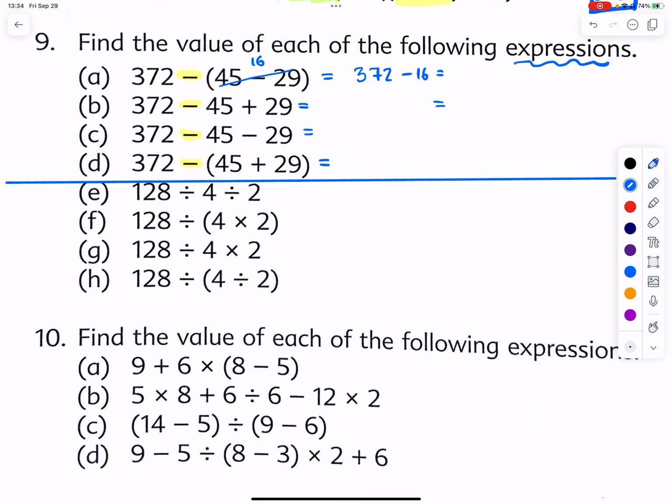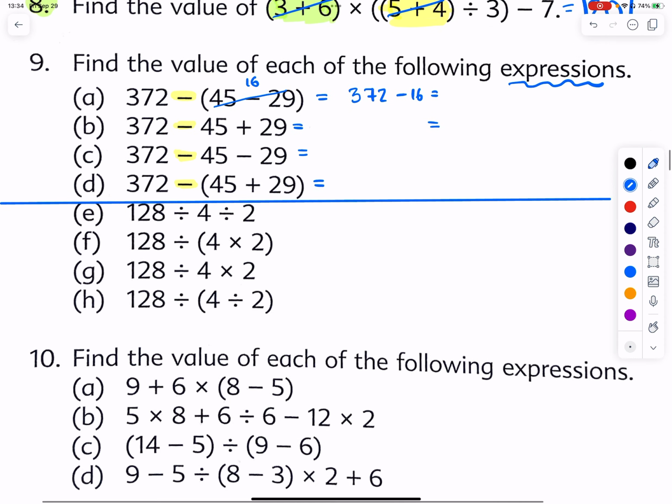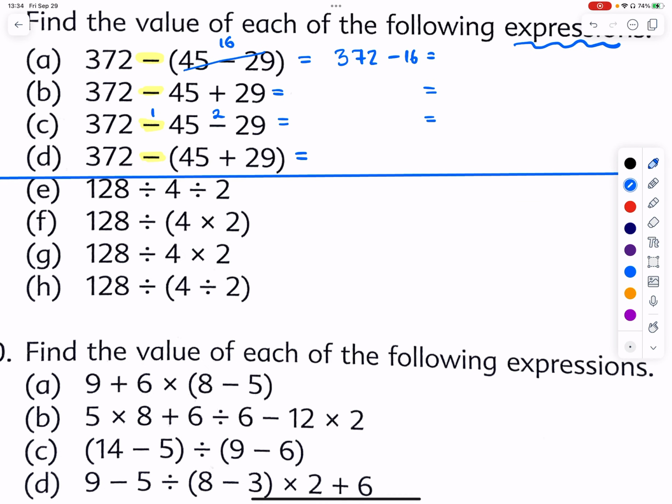Finally, in C, subtract from 372 45 and then subtract 29. Just like that, in the order of appearance. I will let you figure out the answer. And finally, example D states, subtract from 372 the sum of 45 and 29.